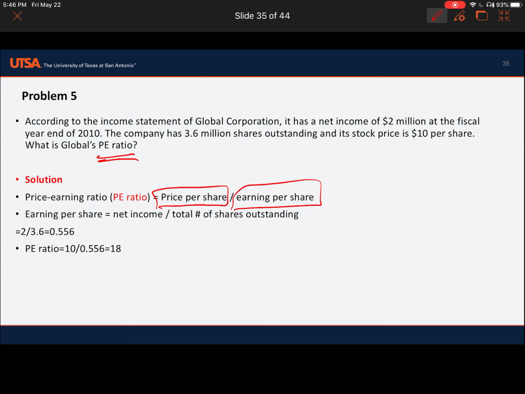We use the price per share over earnings per share. How can we find earnings per share? Earnings per share is net income over total number of outstanding shares. So we have net income of 2 million divided by total number of shares, which is 3.6.